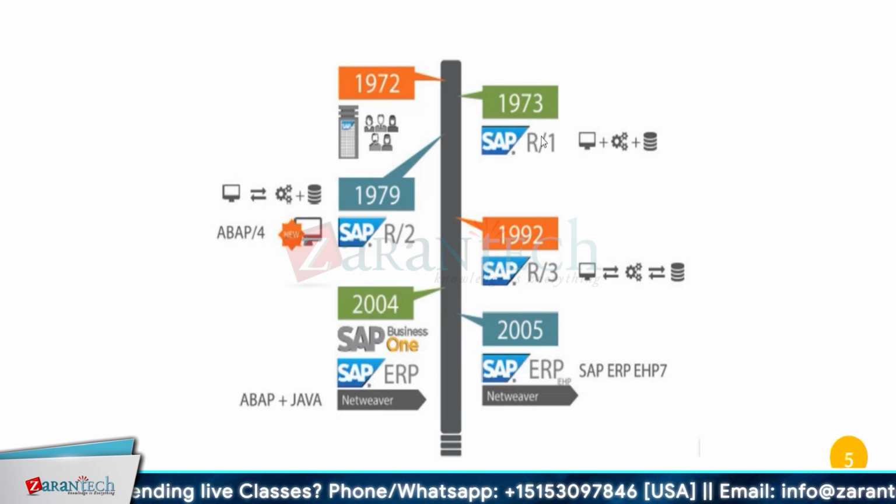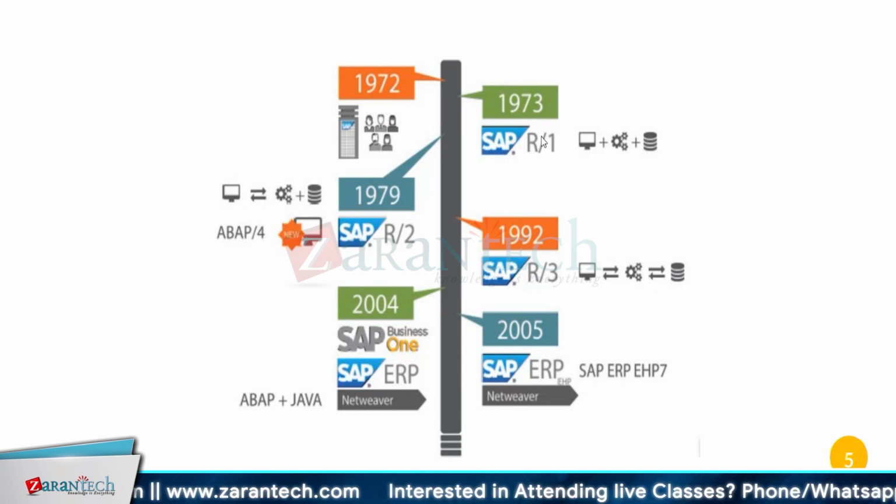So it expanded SAP's capabilities to a wider range of business processes, including accounting, manufacturing, and supply chain management. This R2 was a mainframe-based system, and everything that happened in the R2 architecture was based on mainframe. As most of you would know about mainframe, but I would just like to give brief information about it.